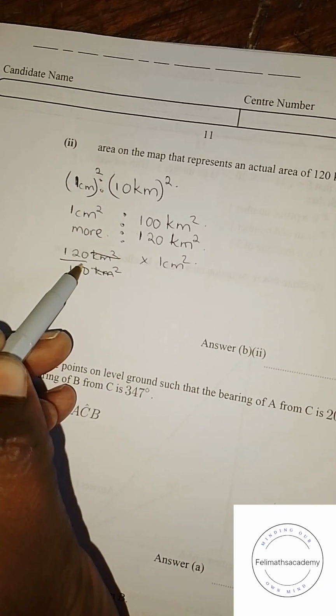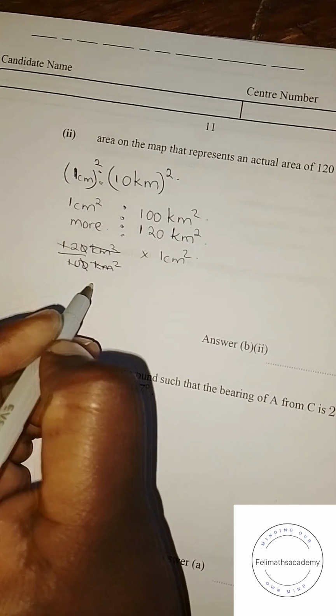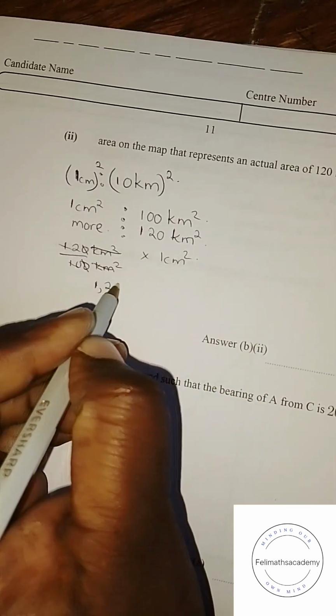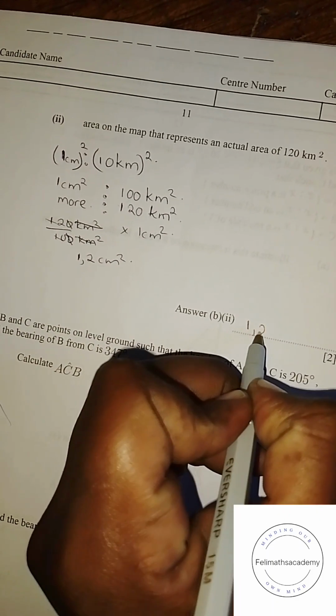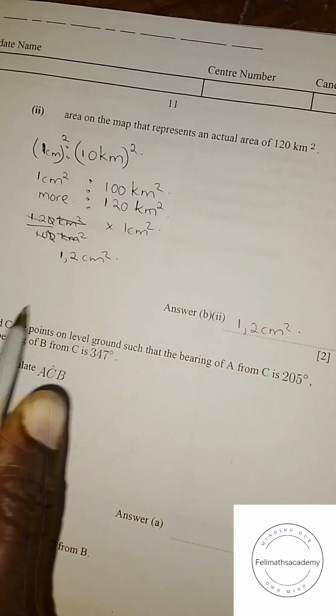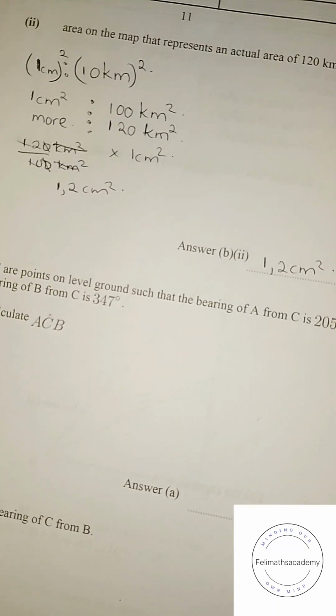So this gives us 1,2 square centimeters. So 1,2 square centimeters will represent 120 square kilometers.